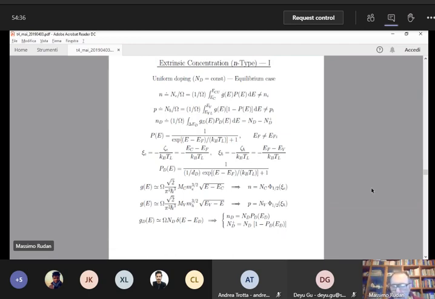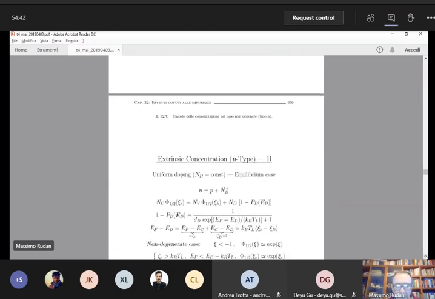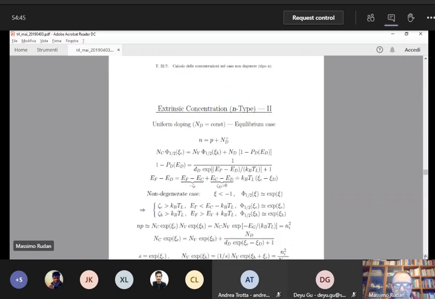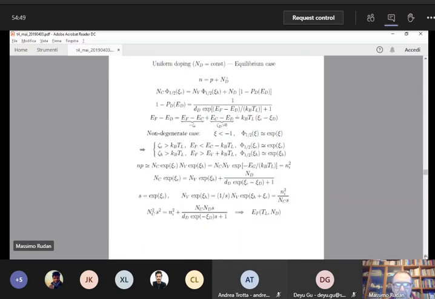So we have three quantities whose values can be found only after determining the position of the Fermi level, okay?